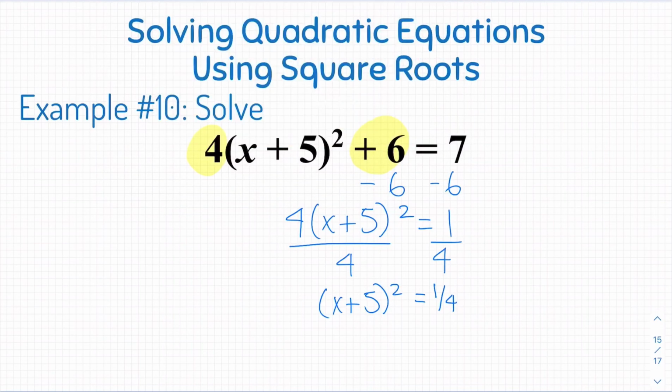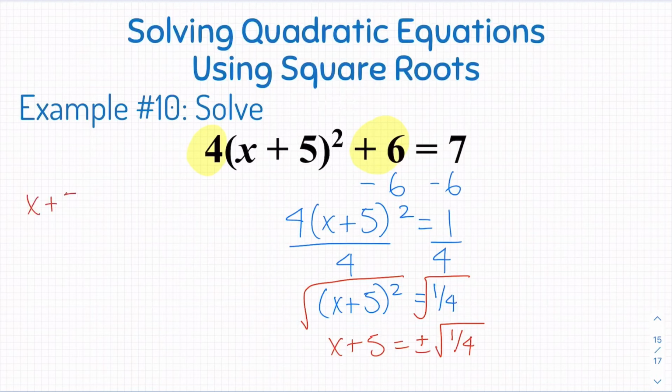Then I'm going to take the square root of both sides, and I get x plus 5 equals plus or minus the square root of a fourth. Which the square root of a fourth actually comes out really cleanly, because the square root of 1 is just 1, and the square root of 4 is 2. When I subtract 5, I get x equals negative 5 plus or minus 1 half.